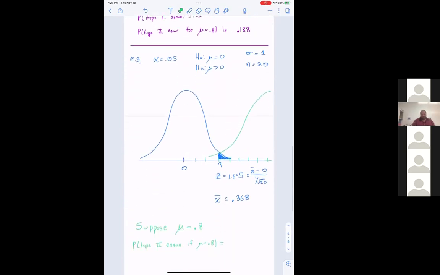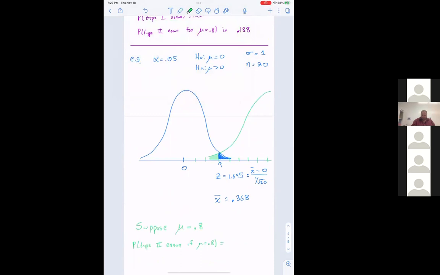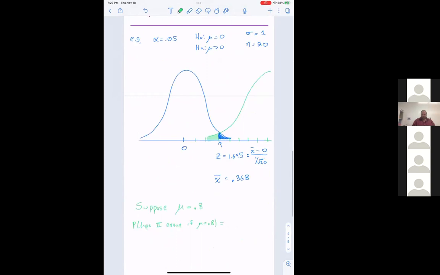Not rejecting the null hypothesis means that I end up over there, to the left of 0.368, right? It's the probability that my sample average is less than 0.368, assuming, of course, that mu is equal to 0.8.